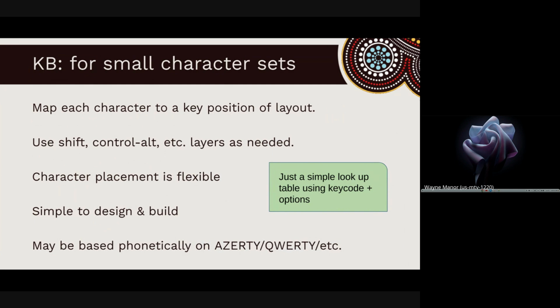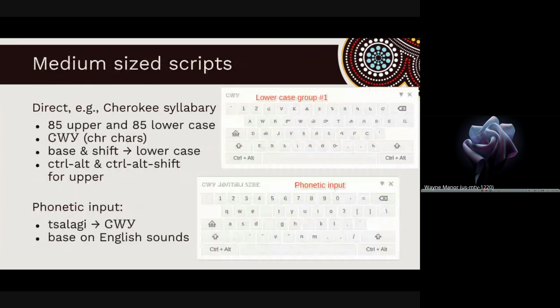You can just imagine it is like a physical typewriter where you map each character to its position on this, or to a character that appears on the screen, and use the layers as appropriate. And things like Azerty, the French keyboard, QWERTY, the English language keyboard, and some other keyboards for smaller writing systems, this works just fine. But many languages use scripts that are more complicated.